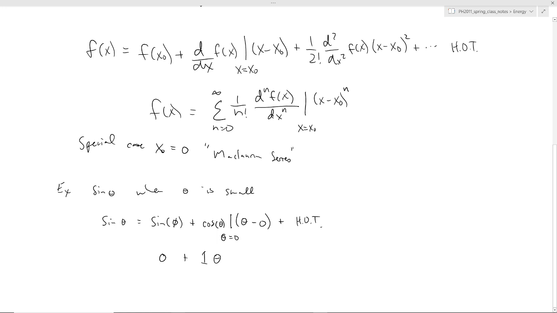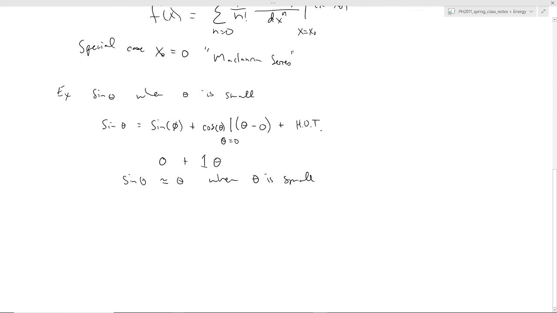So in other words, sine of theta becomes theta when theta is small. So this is a small angle approximation.